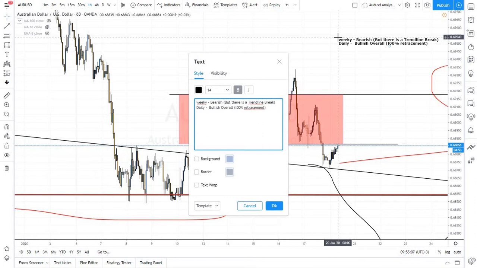On the H4, they're bearish based off the break of structure formation.